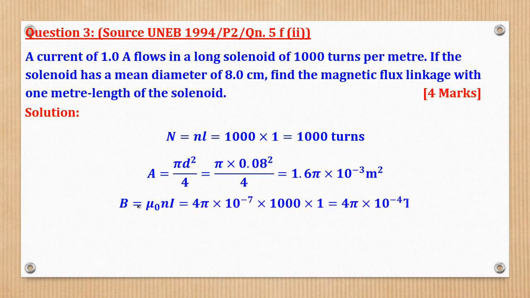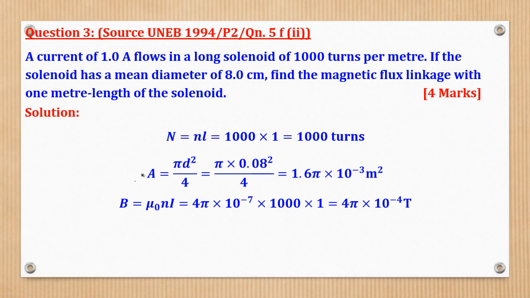Then we know that B is mu small n I. I think you remember that under the subtopic of Biot-Savart law. So mu is the permeability of free space times the number of turns per meter times the current to give you this.